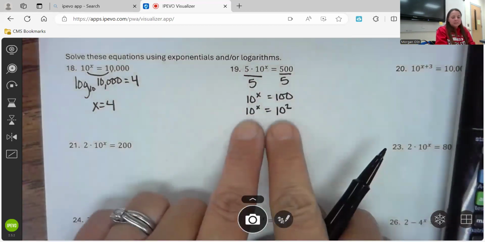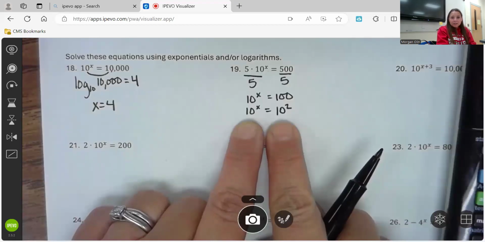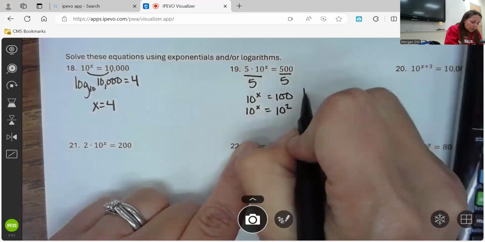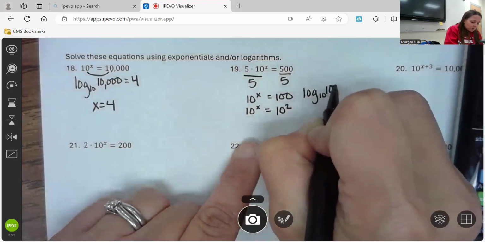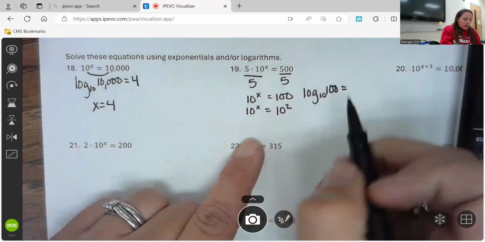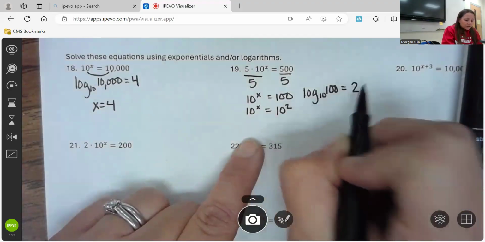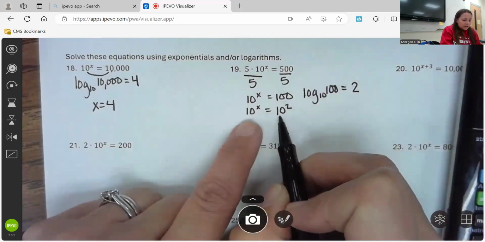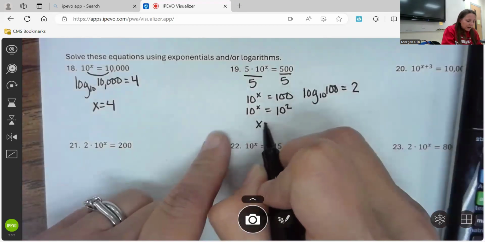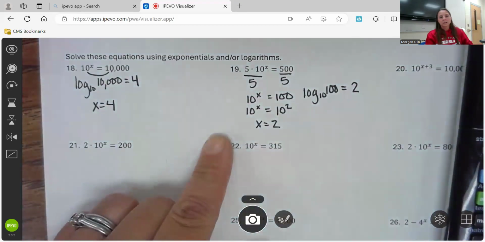If you can get these to be the same base, instead of writing it in log form, you can write it as log base 10 of 100, and plug that in your calculator, you're going to get 2. But here, if you see that you can get the same base, just the exponents have to be equal to one another. So x equals 2.